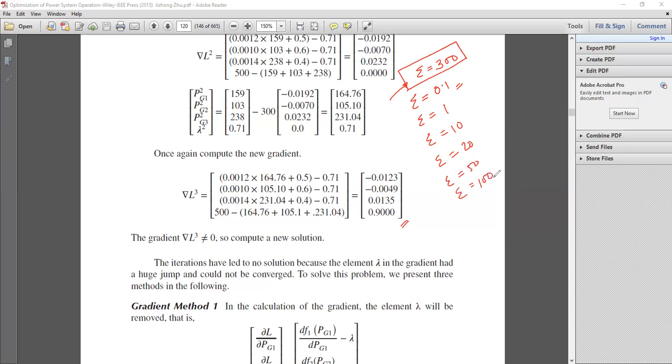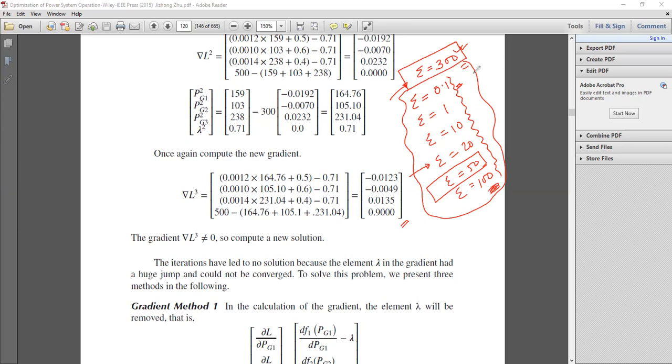I think up to 100 is more than enough, or 50 would probably be a better value than this. But I don't know, I didn't check it. But what I see here is they have already taken a very high value of epsilon. So why not choose a very small value of epsilon and try to find out where we have some optimum value of epsilon? We have good accuracy and we have good speed of convergence. Both are required.